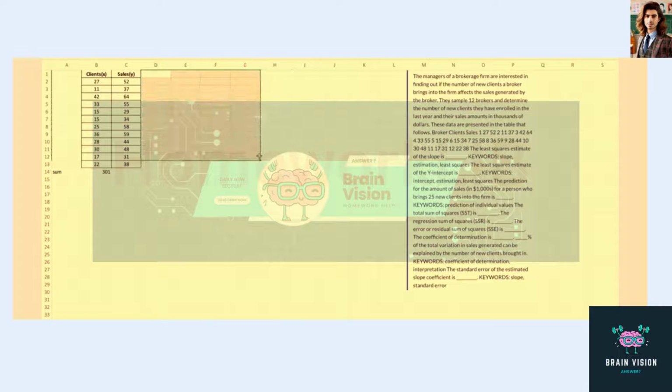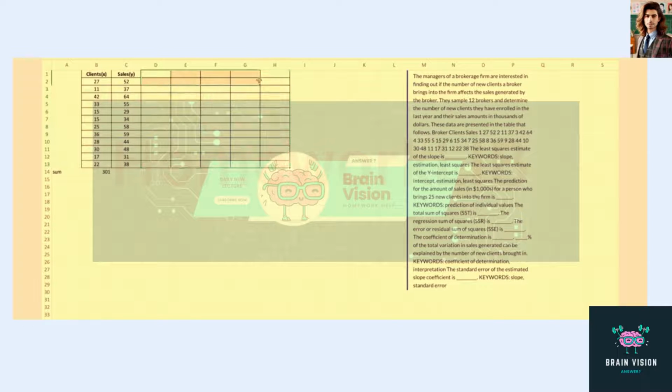I'm going to end up doing multiple columns here, and these are going to be in bold up here. Then I'm also going to find the sum of my Y values. Then I'm going to find the mean of my X values and the mean of my Y values.